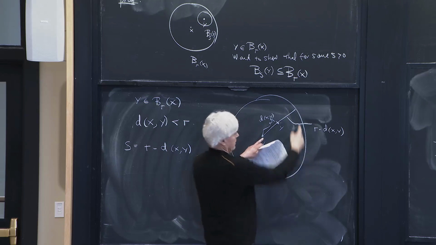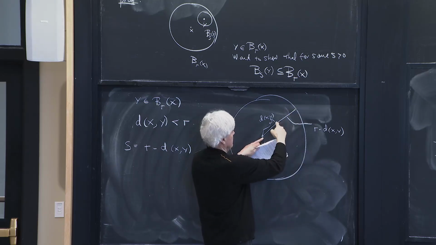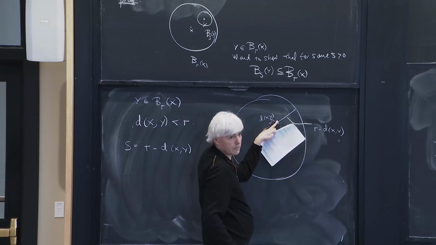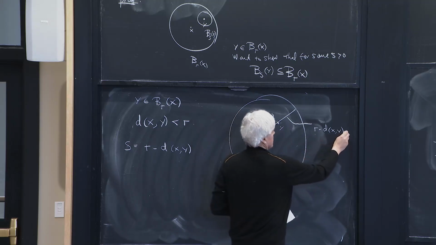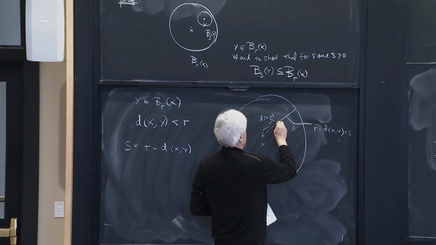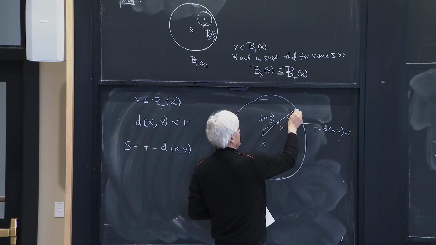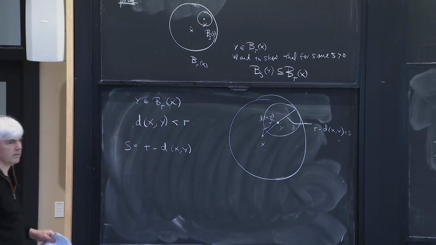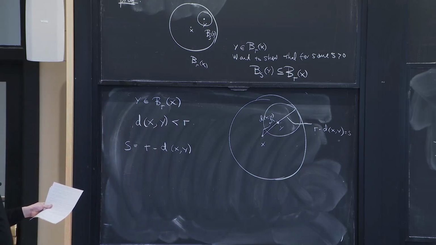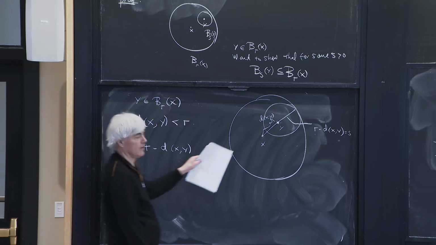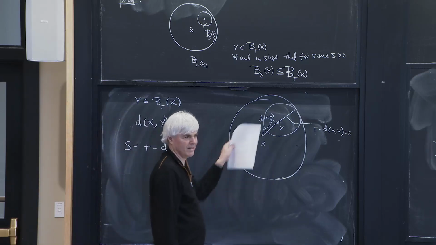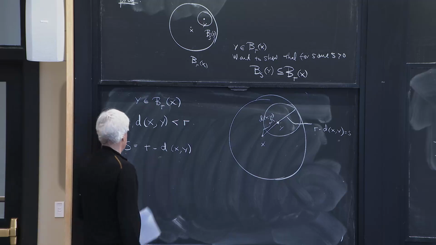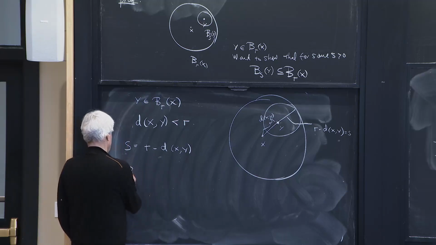This is the remaining part. The whole thing is r, this is d(x,y), so this must be the rest. If you set this equal to s, and now you imagine taking a ball here, then at least in the picture, this whole ball is contained in the original ball, right? So let's try to see if that works. If it works, then it really only used the triangle inequality. So we're setting s equal to this, and then we're looking at this ball around y.